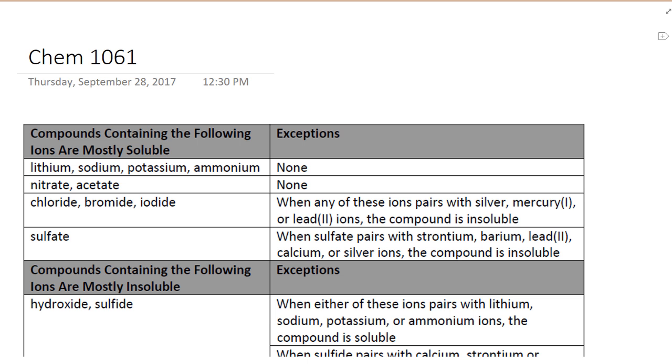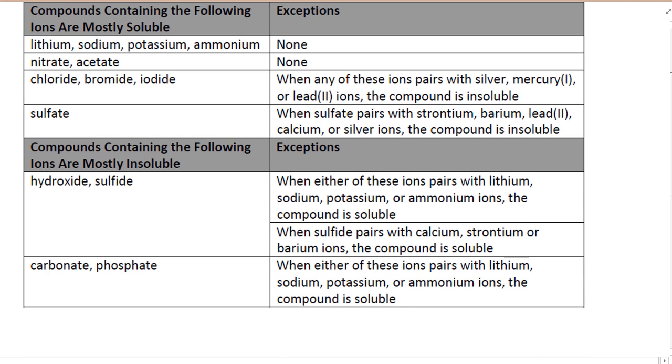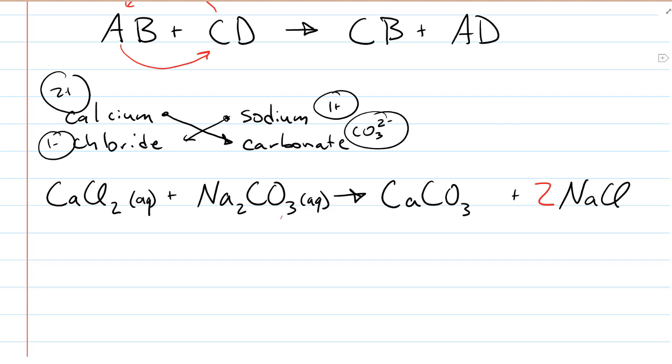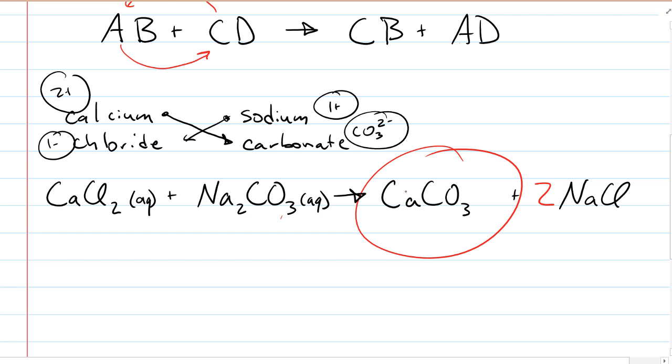So with the phase labels, this is where we use our solubility tables. These help tell us what phases we find for the products. Now the way that you read this is that the top portion represents soluble compounds, the bottom portion represents insoluble compounds. And so you read these down, basically whatever appears under the category, and then you look for exceptions. So in the case of calcium carbonate, we want to figure out its solubility.